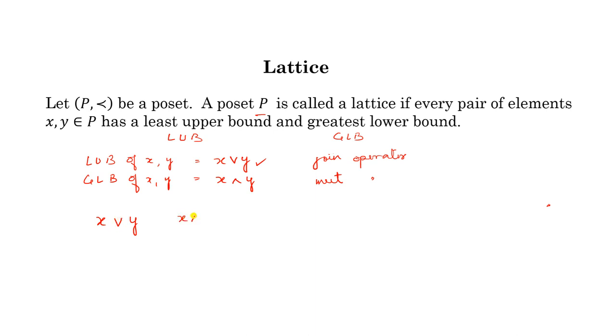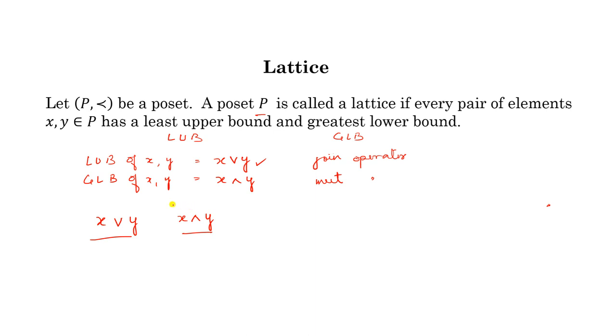And whenever you are saying x and y, look at this open side, this is downward, so you are talking about lower bounds, and this is the greatest element, so this symbol is used to denote greatest lower bounds. In this way you can remember these two notations easily.